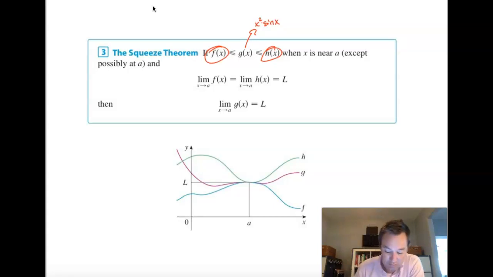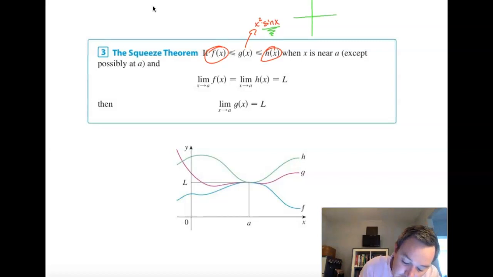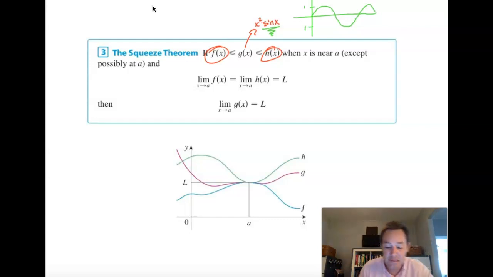And so when trig functions like this are involved, it's pretty straightforward to do, because if you remember, sine has an amplitude of 1, meaning the biggest it ever gets is 1, and the lowest it ever gets is -1, and then it just keeps repeating that oscillation, right? So the biggest sine will ever be is 1.